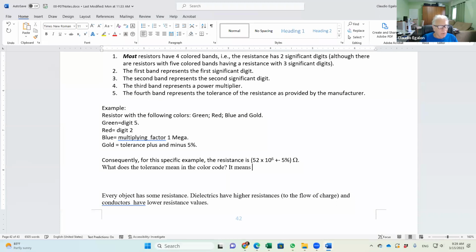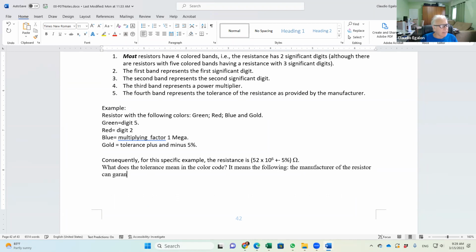It means that the manufacturer of the resistor cannot guarantee an exact value for the resistance value of the resistor, but a range of values.